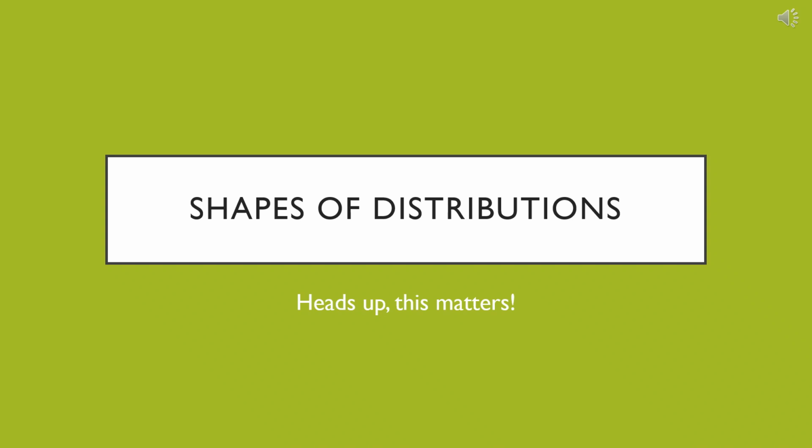And it also has implications for certain assumptions when we're using inferential statistics like t-tests and ANOVA and correlations and all those kinds of things, okay? So the shape of the distribution is something we actually want to pay attention to.